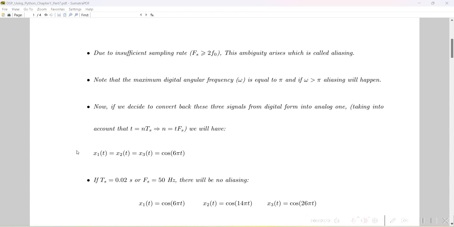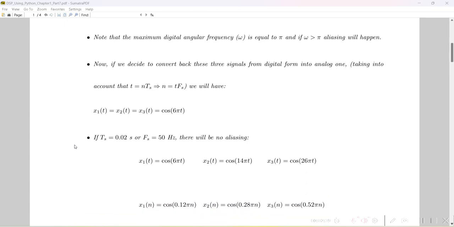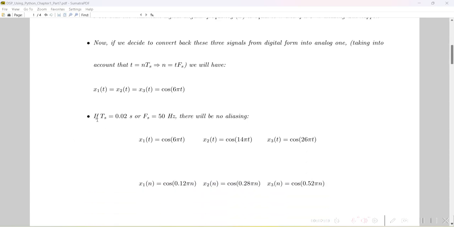So what's the solution? This time, we decide to increase the sampling rate. If we choose ts to be equal to 0.02, say 50 hertz as the sampling rate, there will be no aliasing because 50 is greater than the maximum frequency existing in these three cases.